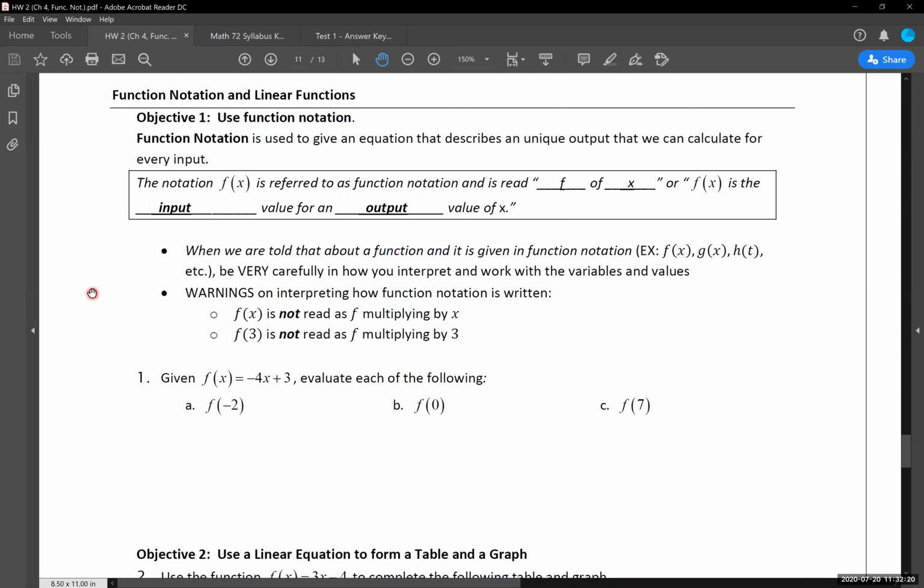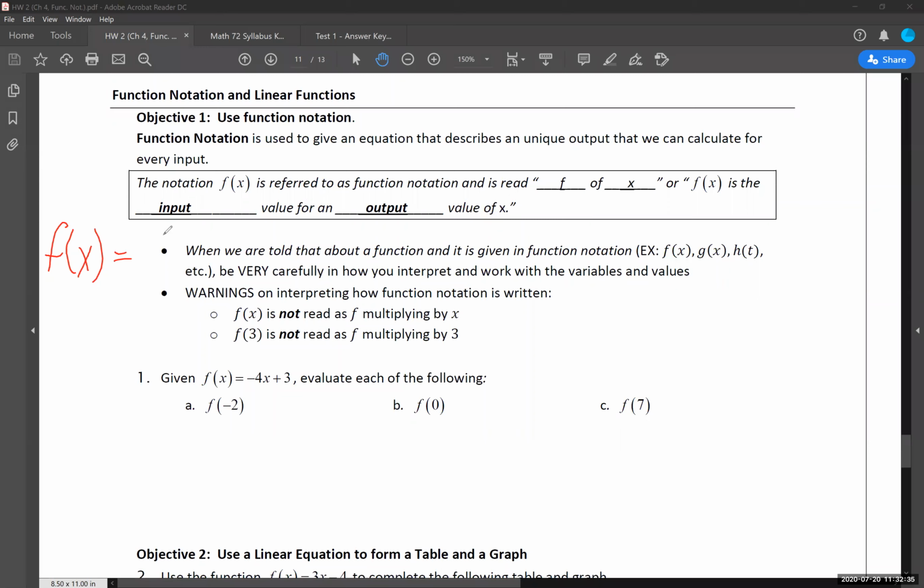We can think of this essentially as, I'll put this off to the side here in red, f of x is the same as saying y. So x is still remaining the same thing as it is.